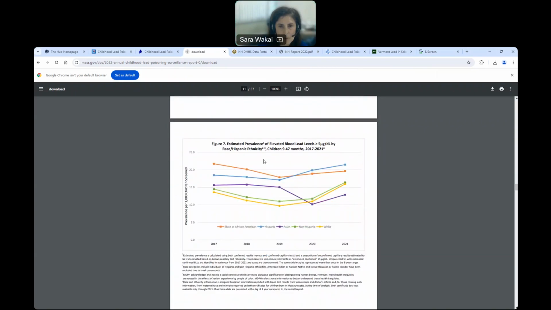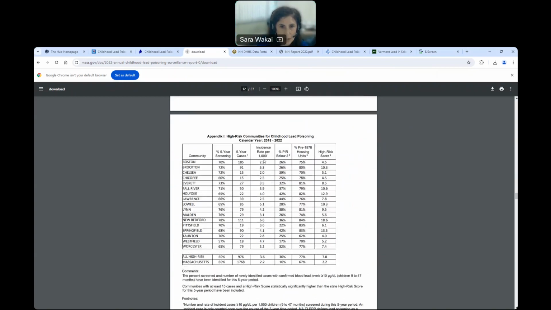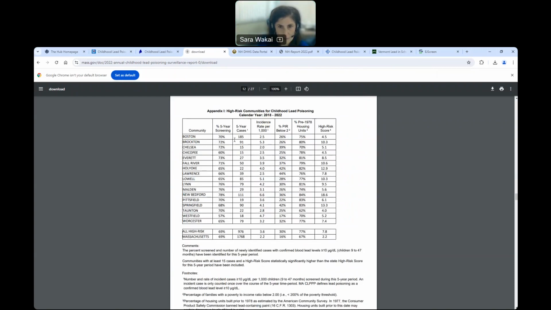And there's also graphs for looking at the data by race and ethnicity. Here in the appendices, they list the high-risk communities for childhood lead poisoning. And it also has a poverty index and percent of housing units built before 1978.